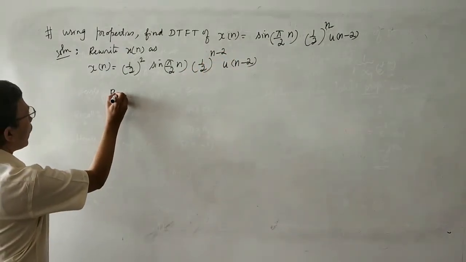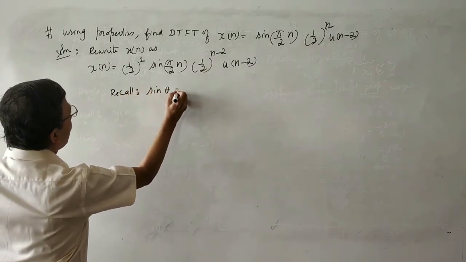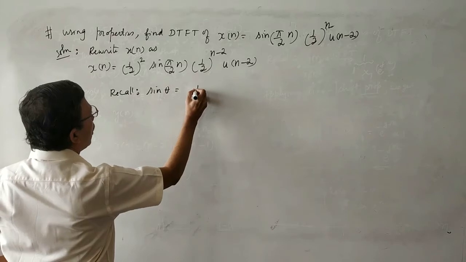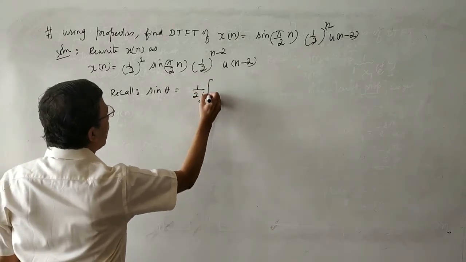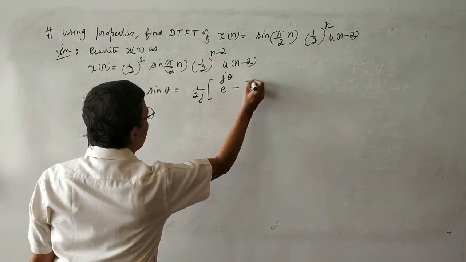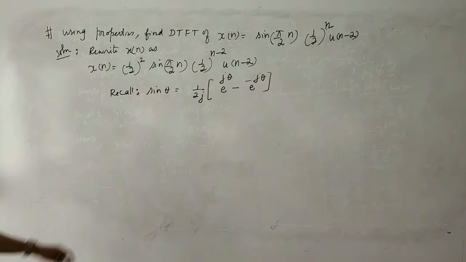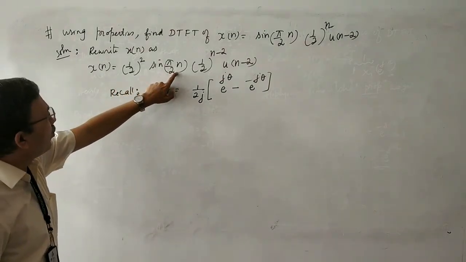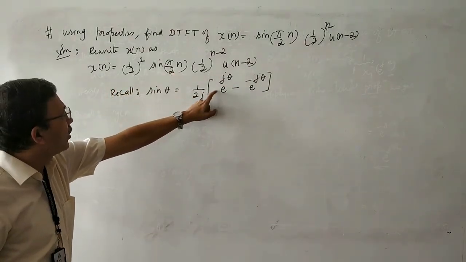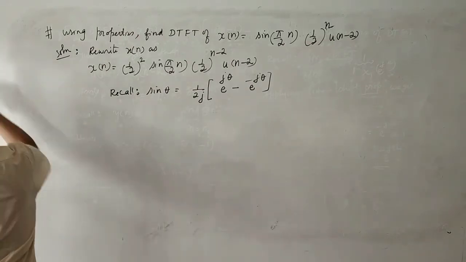Recall sine theta is equal to 1 by 2j into e to the power j theta minus e to the power minus j theta. Euler's identity. Sine pi by 2 n will be replaced by the right hand side of sine theta. So what is the result we get?